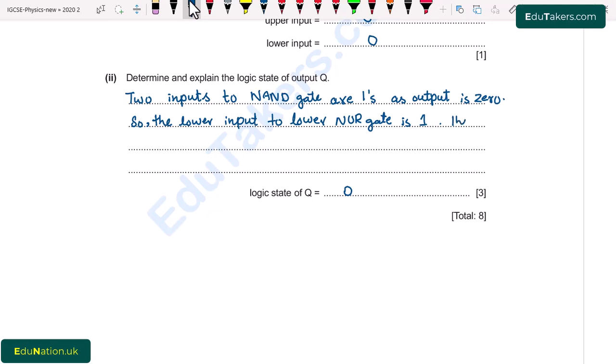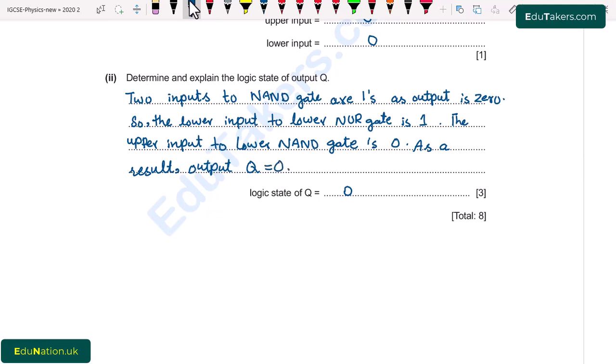The upper input to lower NOR gate is 0. As a result, output Q must be equal to 0.